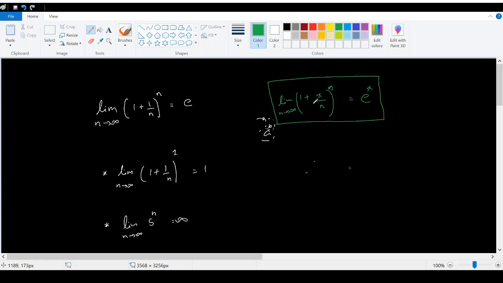There should be some different approaches, and this is a situation where you have the n value in both base as well as in the power, and mathematicians have used some sort of different approach to prove that the limit of this one is equal to e to the power x, and this is a byproduct of this equation. See here, if we substitute x equals 1, then you will eventually obtain this result, right? So it's better if you remember this equation.